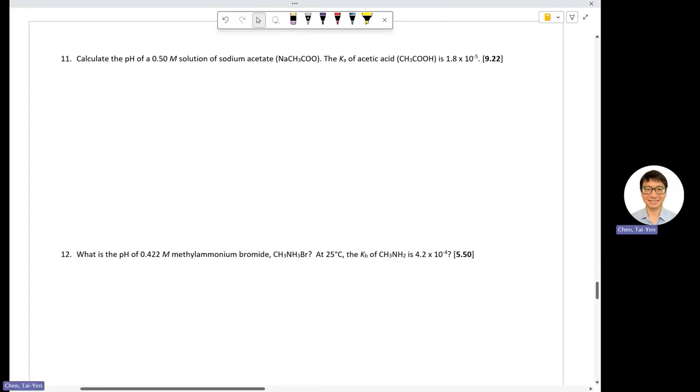Calculate the pH of a 0.5 M solution of sodium acetate. The Ka of the acid is 1.8 times 10 to the negative 5. The key thing here is to know what kind of solution you have. This one is going to dissociate and produce Na+ and CH3COO-. Then you need to ask yourself, what kind of solution do you have?